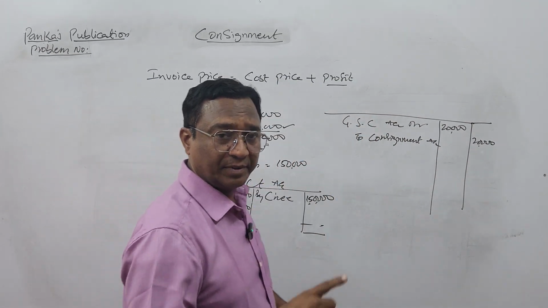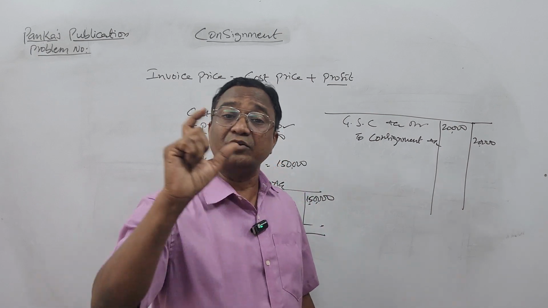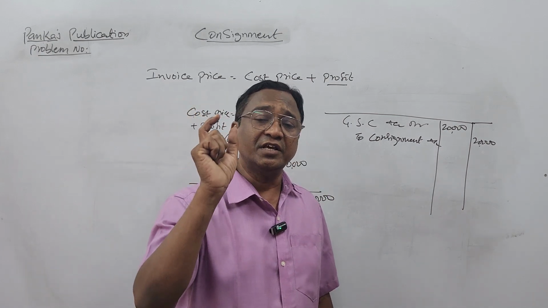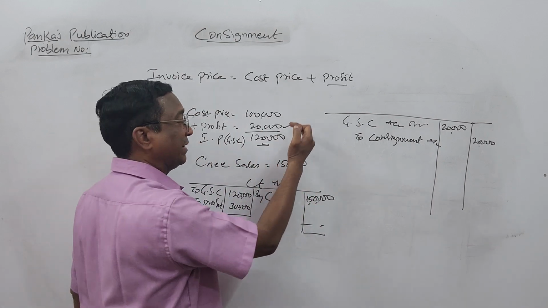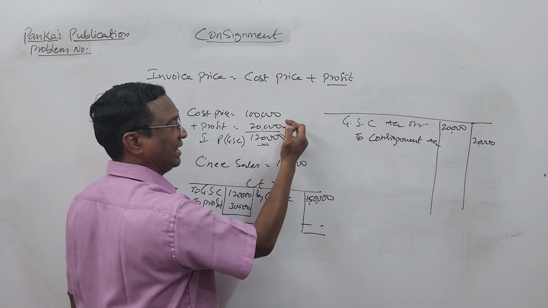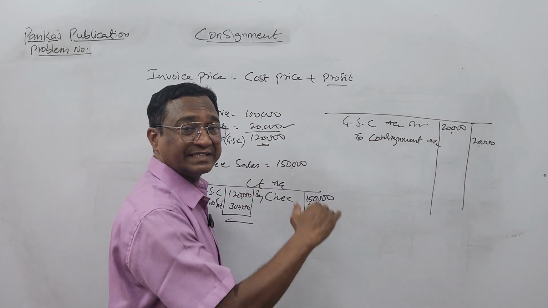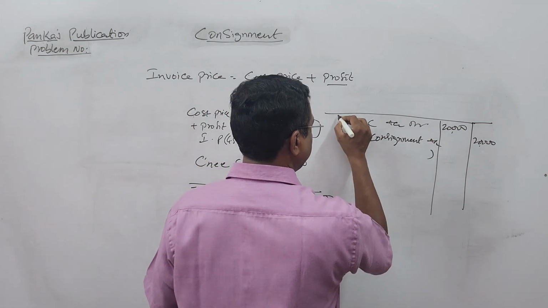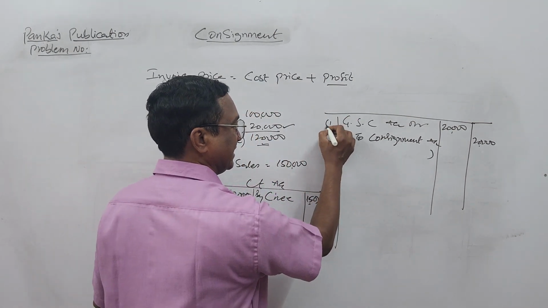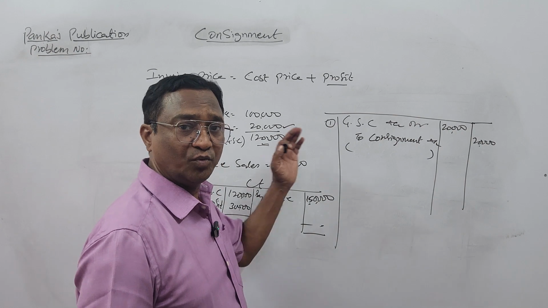If you remember the format I have given, on the consignment account credit side I have given by GSC, invoice price minus cost price. So invoice price 1 lakh 20,000 minus cost price 1 lakh, the difference 20,000 is credited to consignment account. So this is one extra entry you are going to pass in case of invoice price.